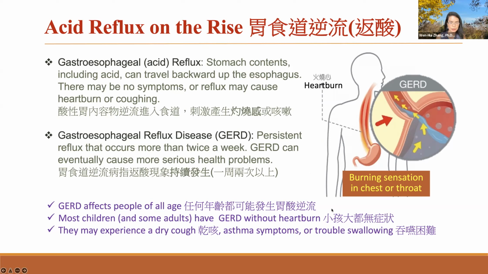But most children and some adults have GERD without the heartburn symptom, so it's hard to diagnose. Infants or children with GERD usually experience dry cough, or sometimes have trouble swallowing, so they don't have a good appetite to eat food.